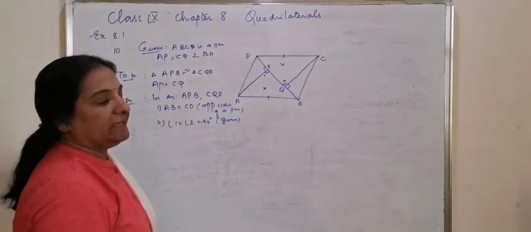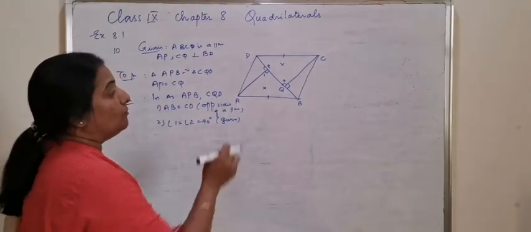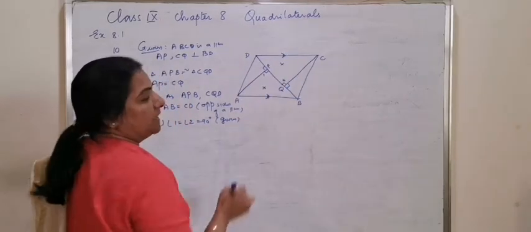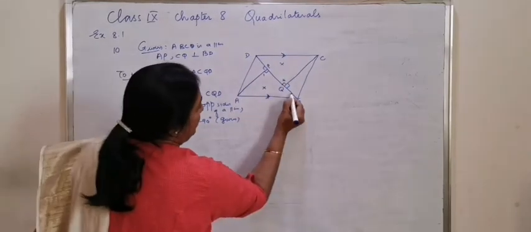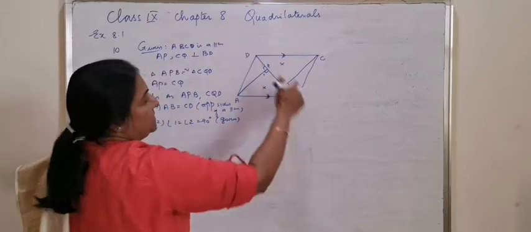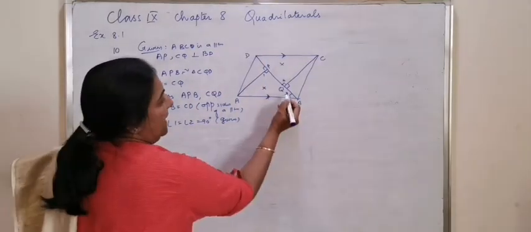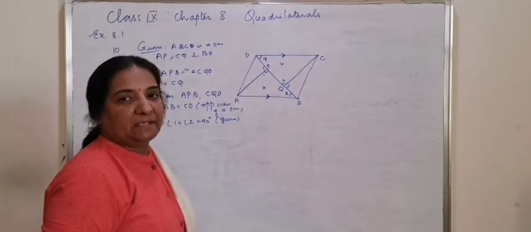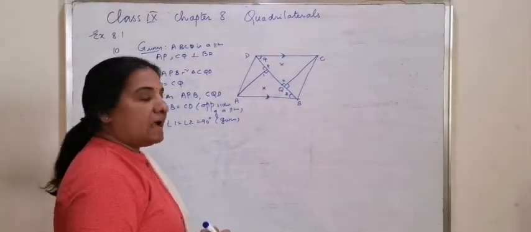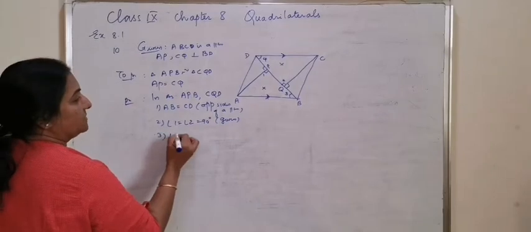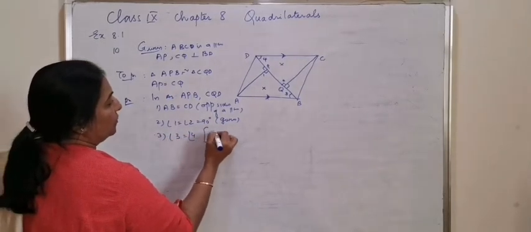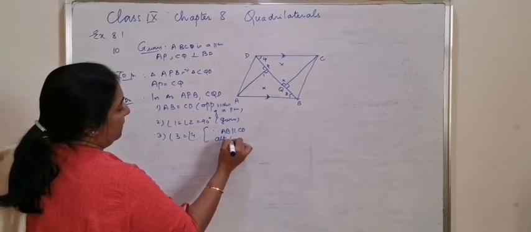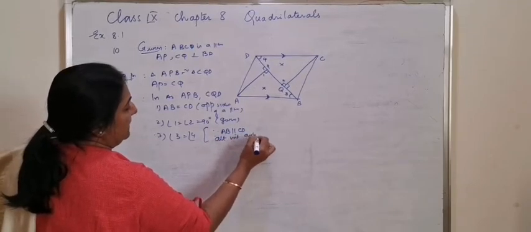Now we need to find an angle for both the triangles. Since AB and CD are parallel and with the transversal BD, angle 3 as well as angle 4 will be a pair of alternate interior angles. So angle 3 is equal to angle 4, since AB is parallel to CD, alternate interior angles.